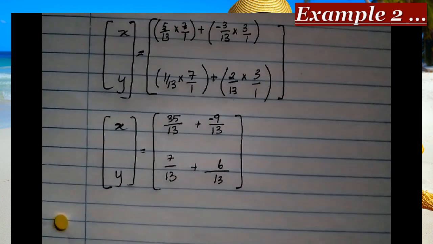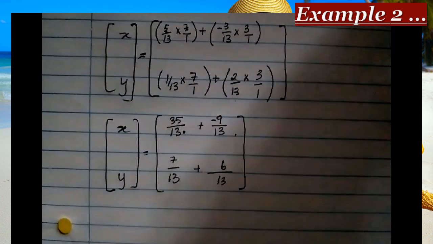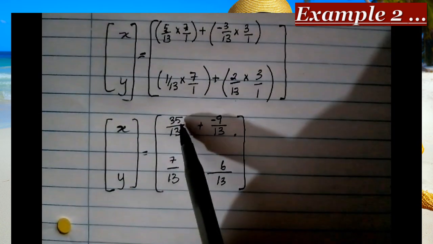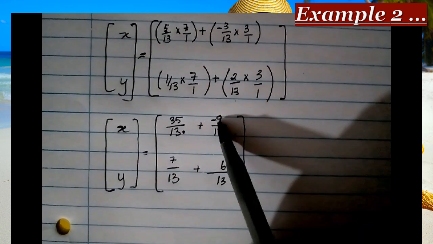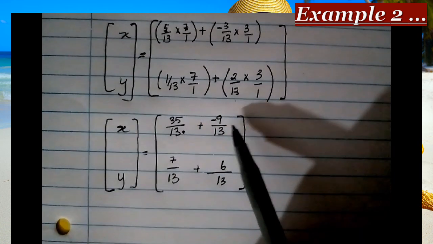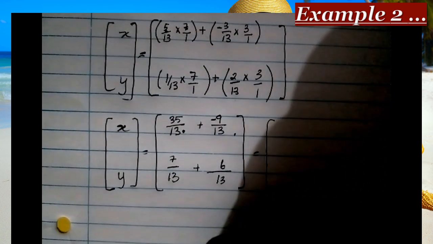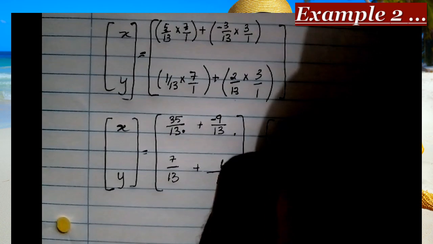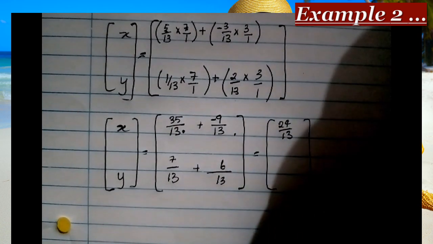So I just need to simplify these fractions. And they're easy to work with because the denominators are the same. So if I have 35/13 and I'm taking away, because of this minus, 9 of them, I'm going to be left with 24/13. I hope you can see.